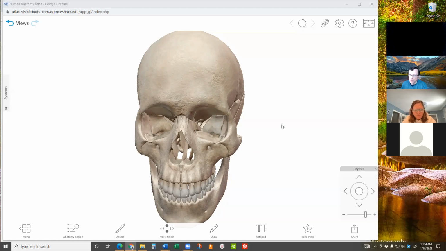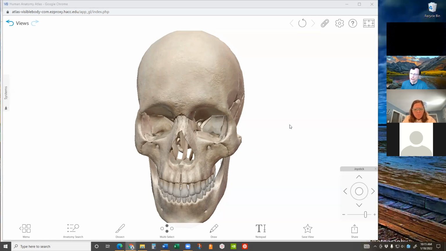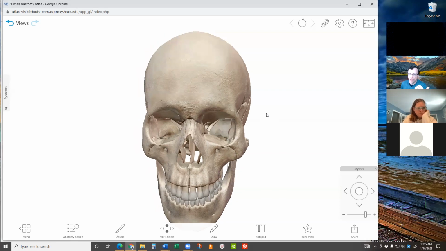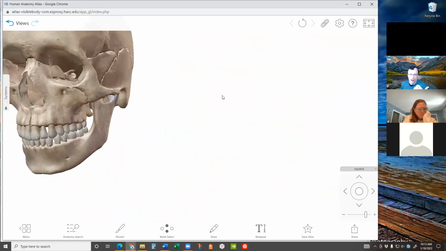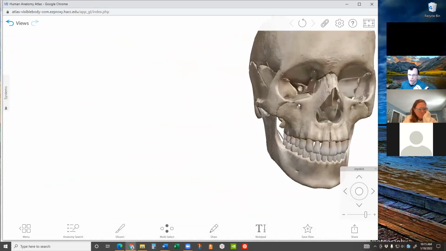Second thing, sometimes you don't want to rotate the skull. Sometimes you want to move the entire skull up or down, left or right. So on a typical mouse, you would click and hold the right mouse button. And if you do that, you can shift the entire skull left, right, up, down, however you want to do it.